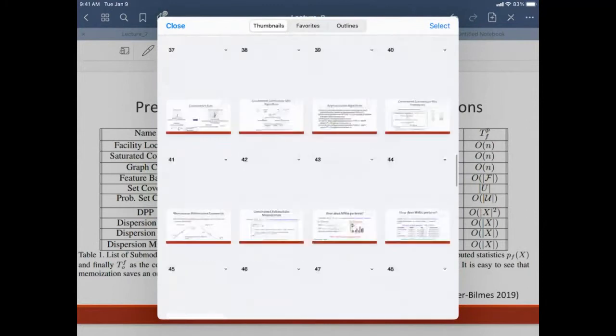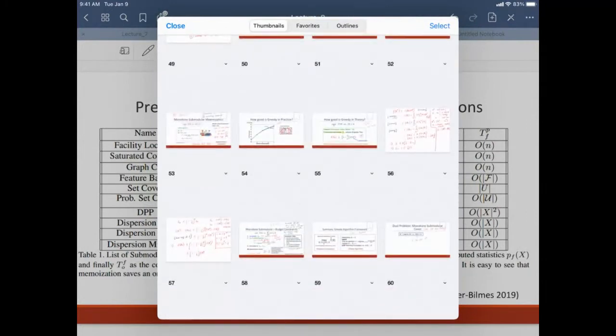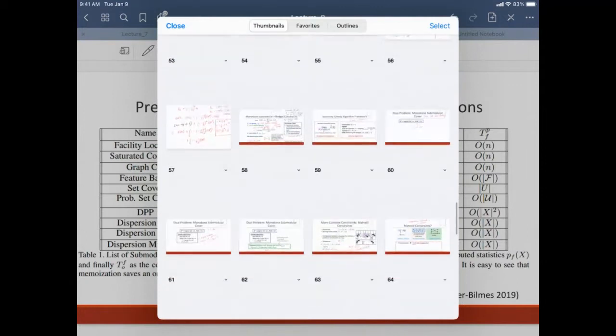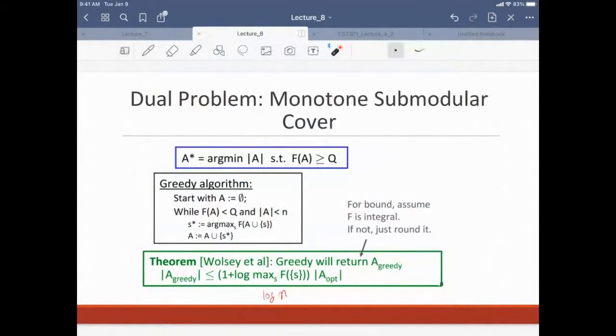So maybe I should write it down. It's called monotone submodular cover, or you can call it the submodular set cover.